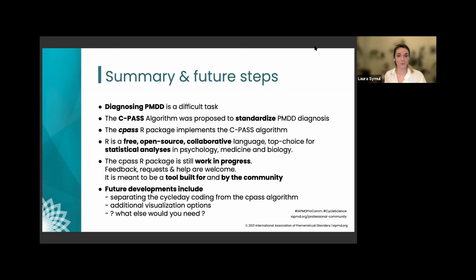The CPASS R package is an implementation of this algorithm. It will give you the same result as the Excel sheet or the SAS macro, but it's free, open source, and collaborative. R is the language most used for statistical analysis, especially in the biology, psychology, and medicine fields.